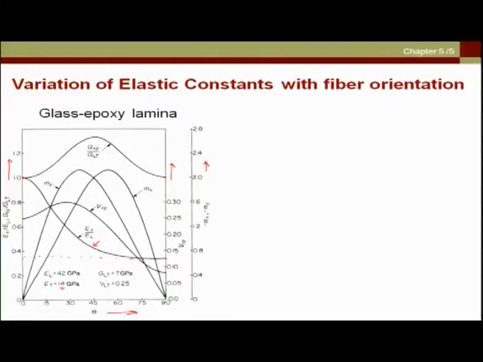Okay. So, at one extreme the value of Ex is 14 GPa. I am plotting Ex divided by El, and at the other extreme the ratio is 0.33, which means that it is about 14 GPa, because the material system which has been chosen is such that El is 42 GPa, Et is 14 GPa, GLT is 7 GPa and nu LT is 0.25.